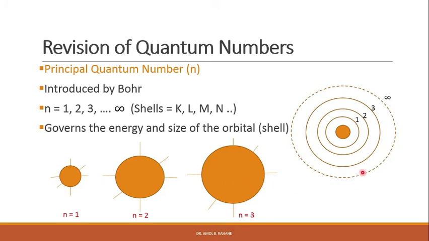Energy and size of the orbital are connected to each other, that is, the smaller the size of the orbital, the closer it is to the nucleus and the more firmly bound to the atom. The energy and size of the orbit increase with increasing n value. The maximum number of electrons that can be accommodated in a given shell is given by 2n squared.